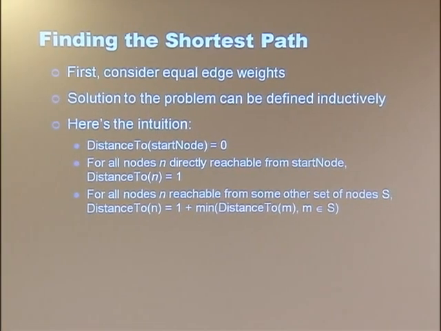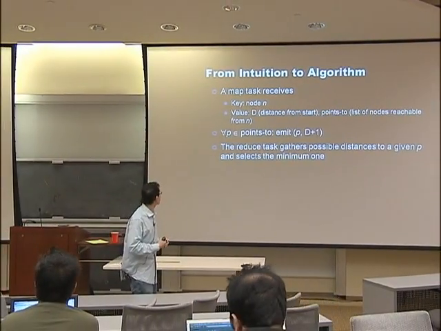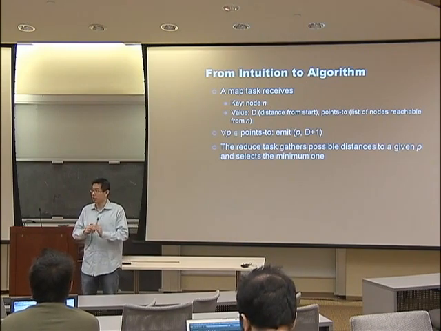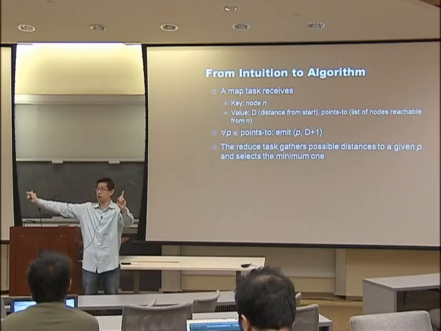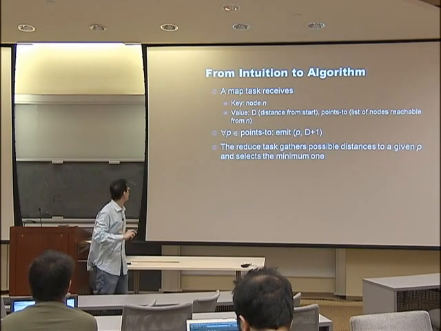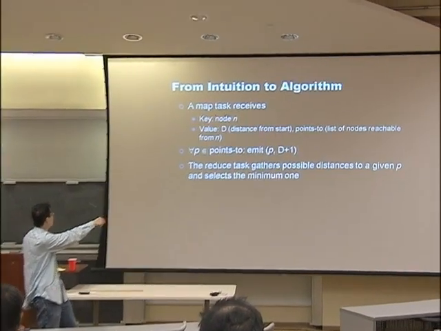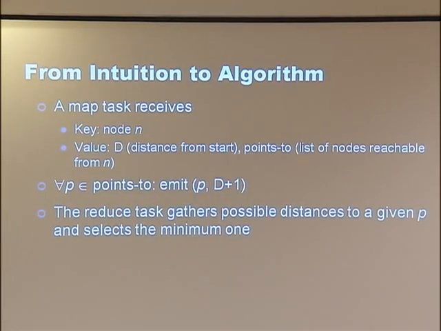Okay, so here's how the algorithm works. What you're going to do is map over the adjacency list in your graph representation. So there's the nodes and the adjacency list, the outlinks, your neighbors. And then you're going to emit. The input key is the node ID, and the input value is your current distance, which is either known or infinity, and your adjacency list.